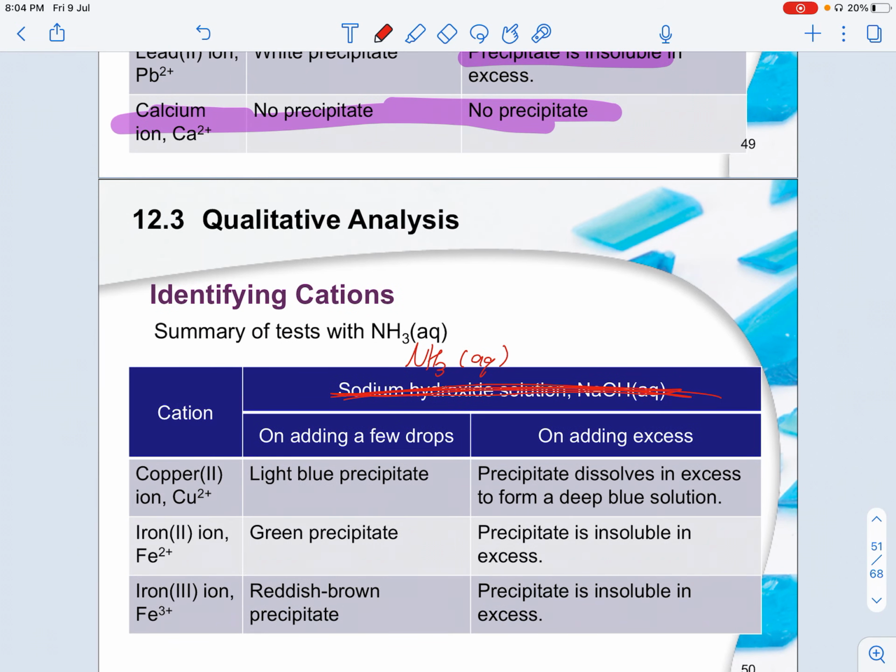For the summary of the test for aqueous ammonia, we will double check and I'll get back to you on this.